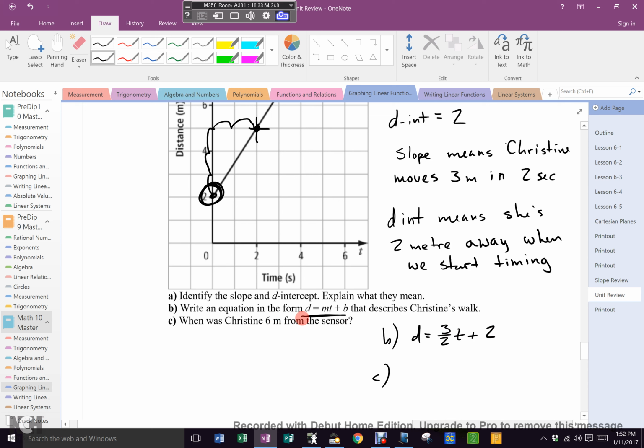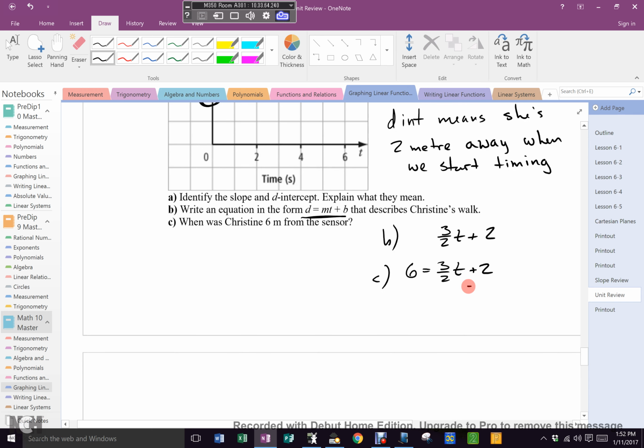So is 6 meters a distance or a time? It's a distance. So 6 equals 3 over 2t plus 2. Minus 2 minus 2. 4 equals 3 over 2t. Multiply both sides by 2. 8 equals 3t. T equals 8 over 3, which is 2 2/3 of a second.